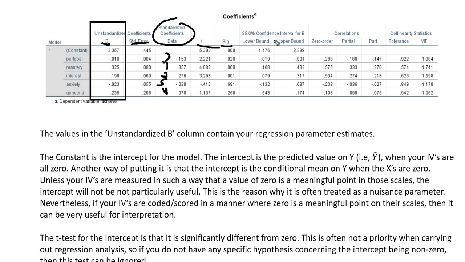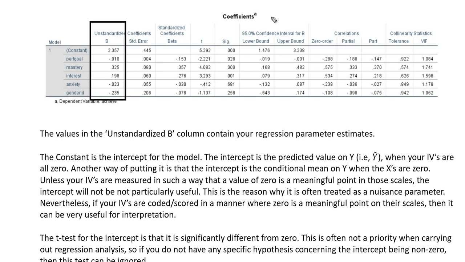You can also see that we have 95% confidence intervals, as I've said before. This provides an interval estimate for the population regression coefficient, but it can also be used for null hypothesis significance testing. Assuming a non-directional hypothesis, the null hypothesis is that the population slope is equal to 0.